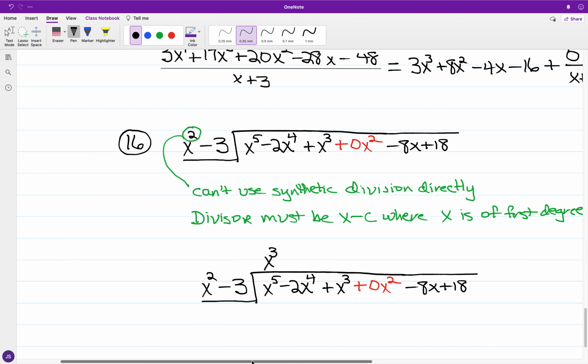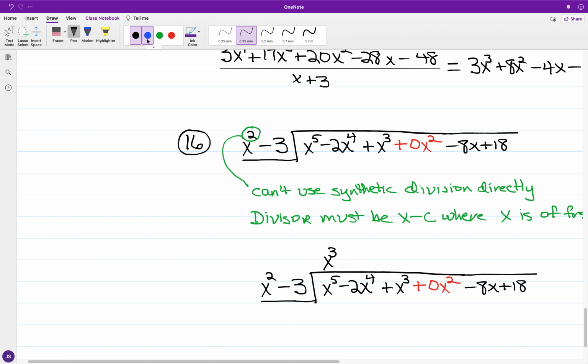Now for x cubed times x squared minus 3, this will be x to the 5th minus 3x cubed. And I want to line up each of these terms directly under the like terms from the dividend. Notice that minus 3x cubed is not going to be under negative 2x to the 4th.